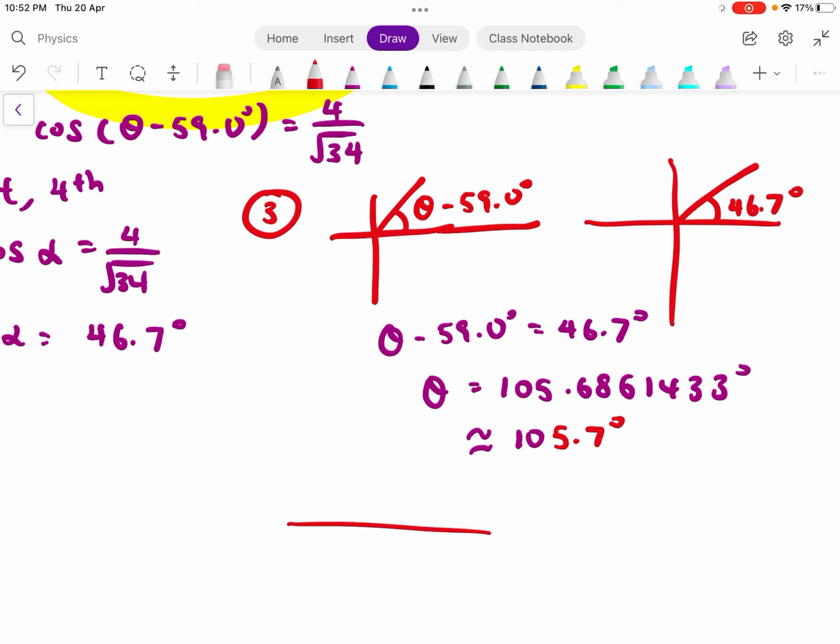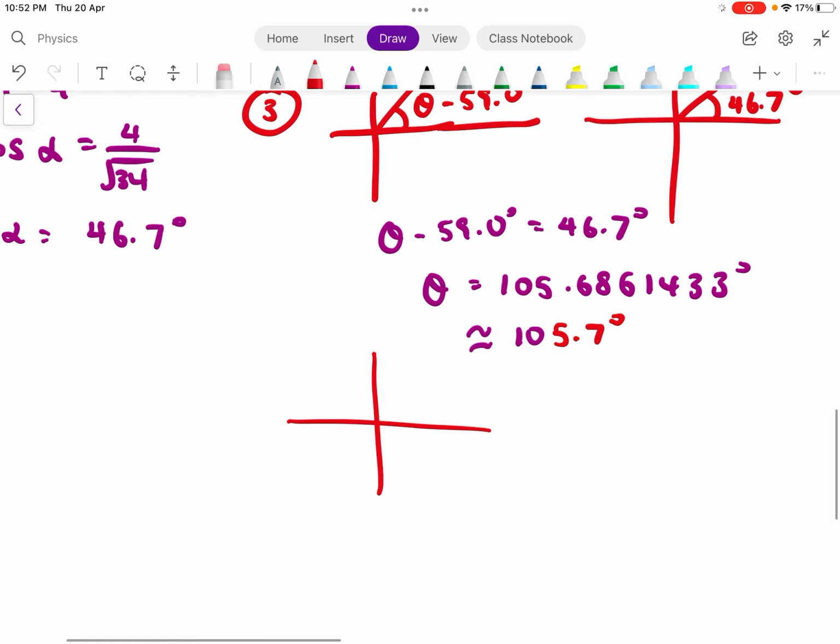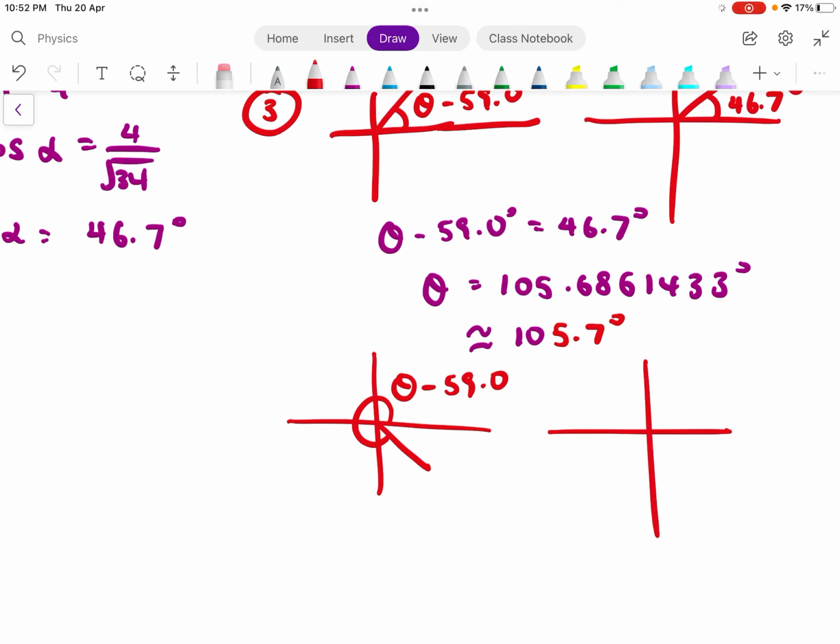Next part will be the fourth quadrant. Fourth quadrant is here. So I calculate theta minus 59.0 degree, which is this part, 360 minus 46.7, which will give you about 313.3.